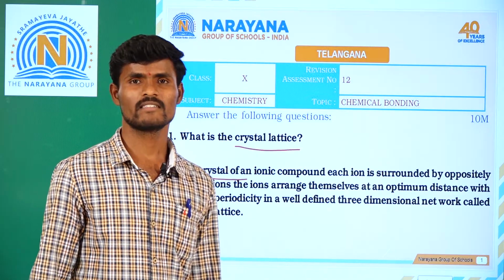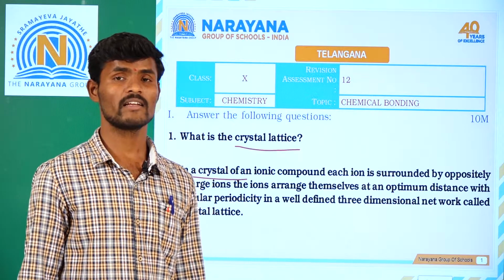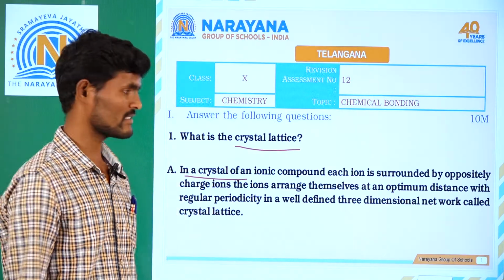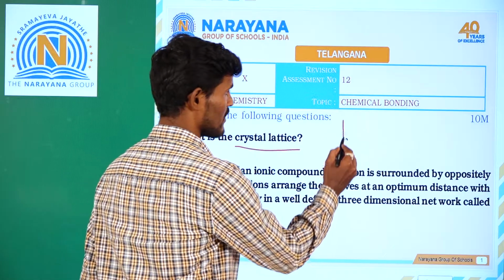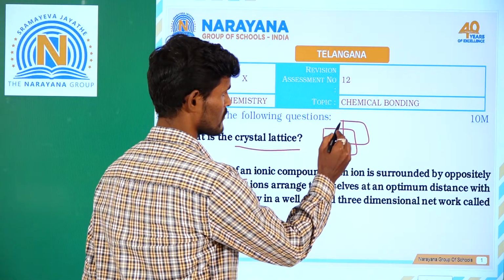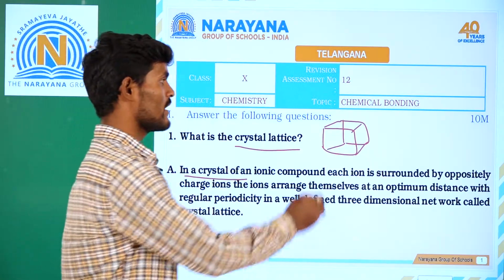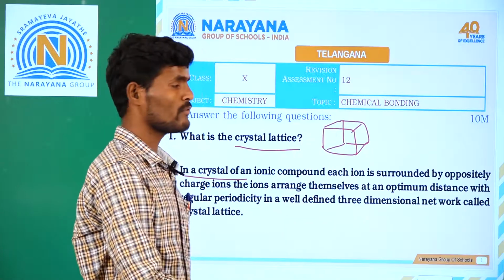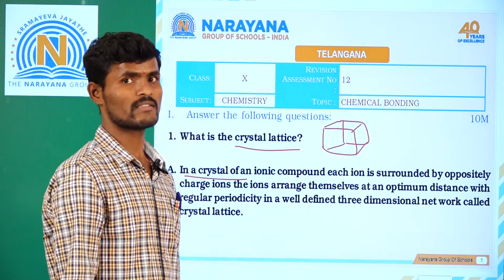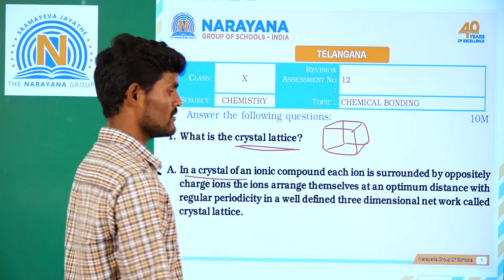So more simply we can say that the regular three-dimensional arrangement of unit cells in space is called crystal lattice. Okay, a unit cell is a single unit. The regular three-dimensional arrangement of unit cells in space is called crystal lattice. Okay, next, second question.